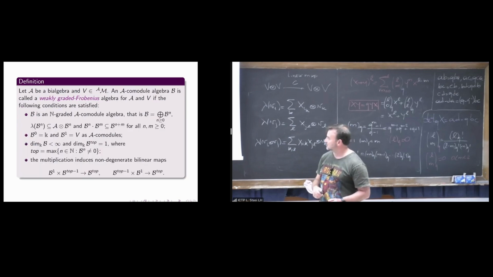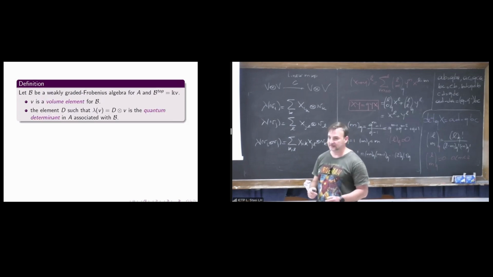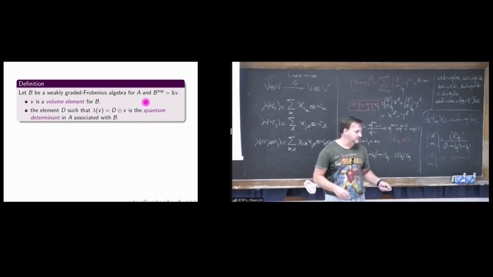So with these properties, we can define, again, what is a volume element and what is the quantum determinant. So first, there is a volume element because the last summand of our algebra B is just the multiples of one element because the condition was that this one was dimension 1.